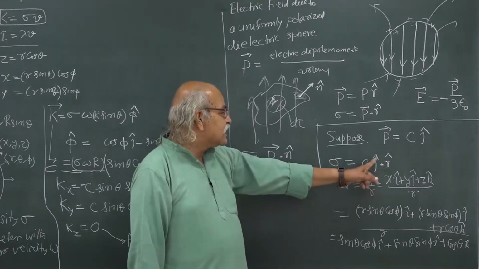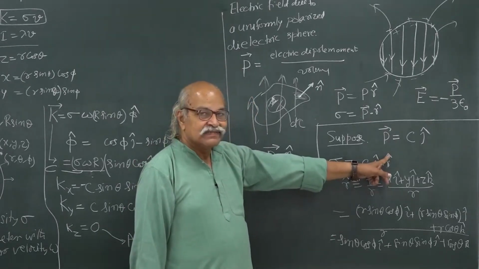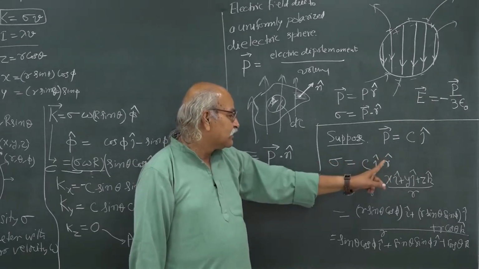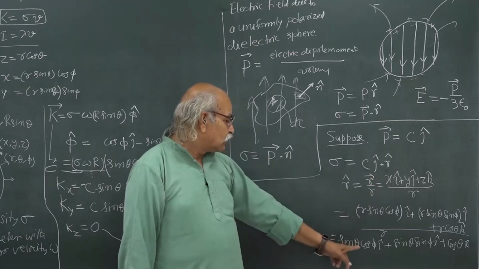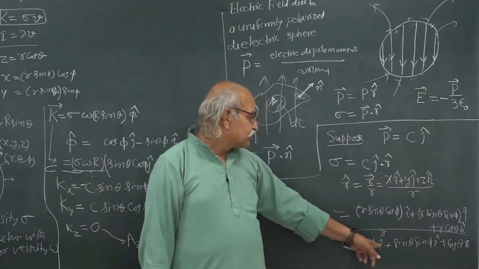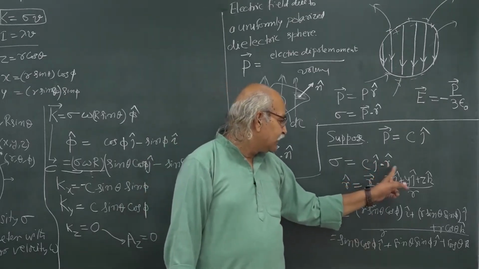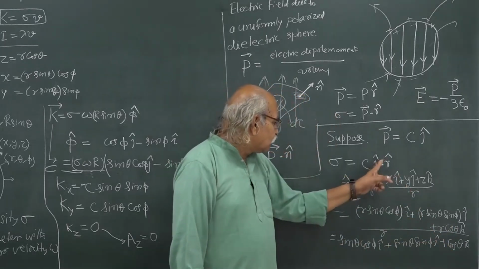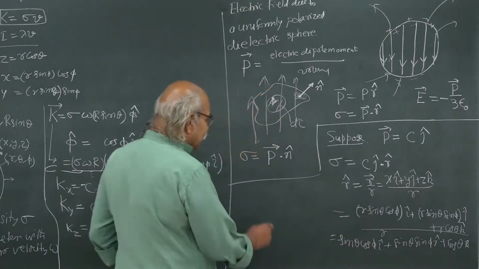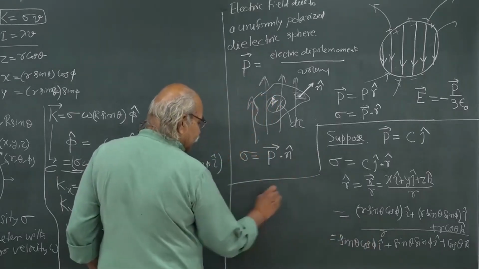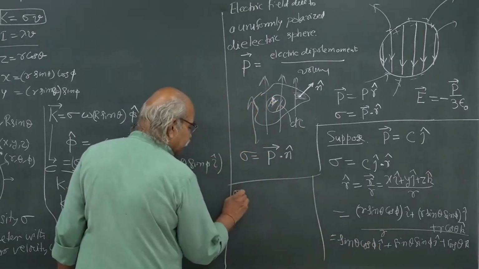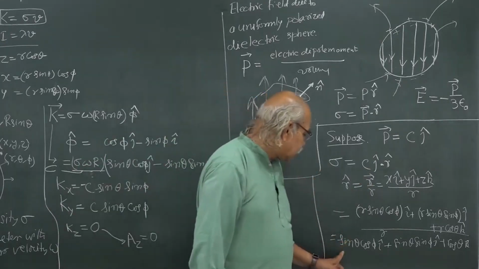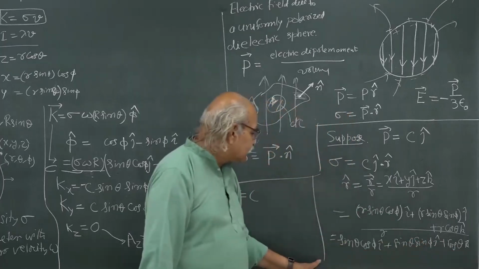What is j cap dot r cap? J cap dot i cap is 0, j cap dot k cap is 0. So, j cap dot r cap will be simply, so let me write sigma itself. Sigma will be this C, and this is that r cap dot with j cap.